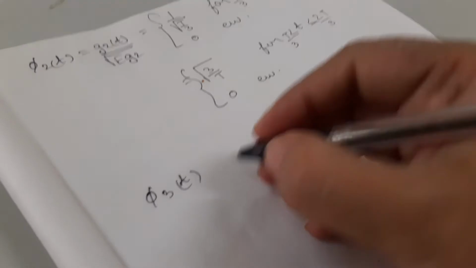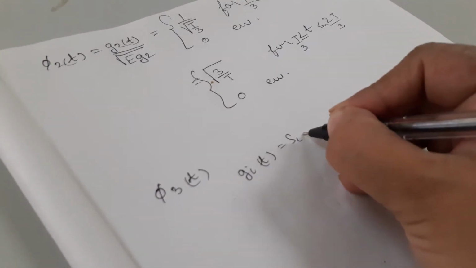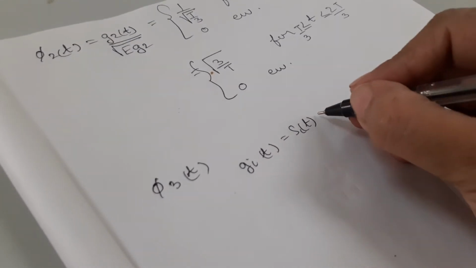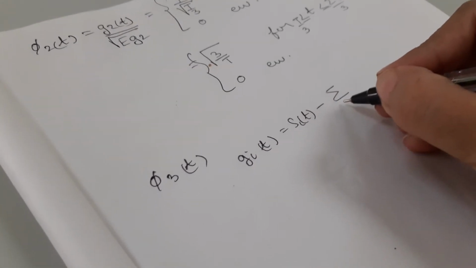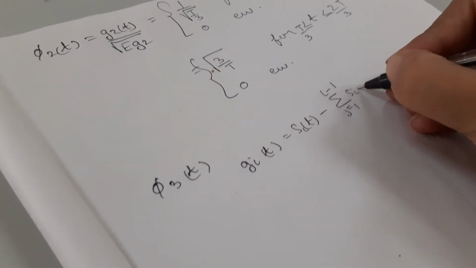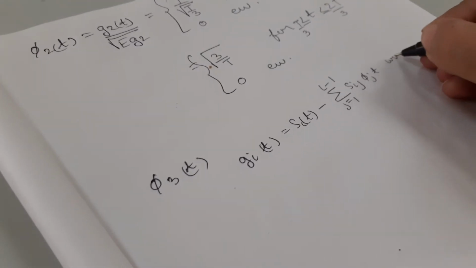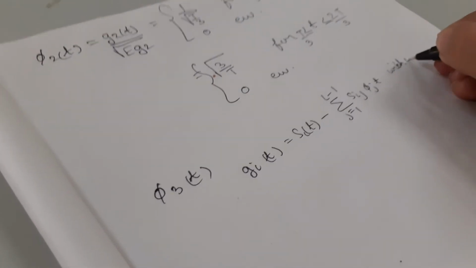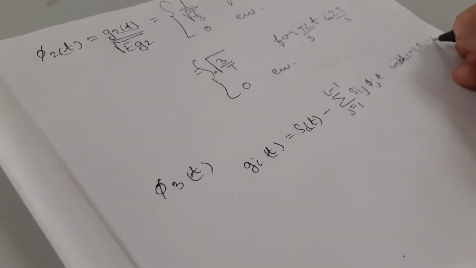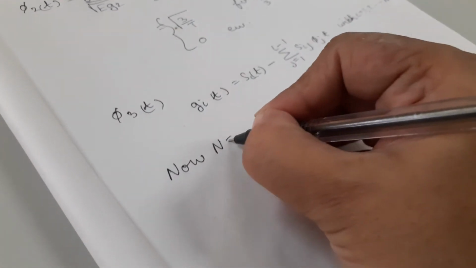From the equation we can say g_i of t is equal to s_i of t minus summation j equal to 1 to i minus 1 of s_ij phi j of t, with i equal to 1, 2 to n. Now n equal to 3.